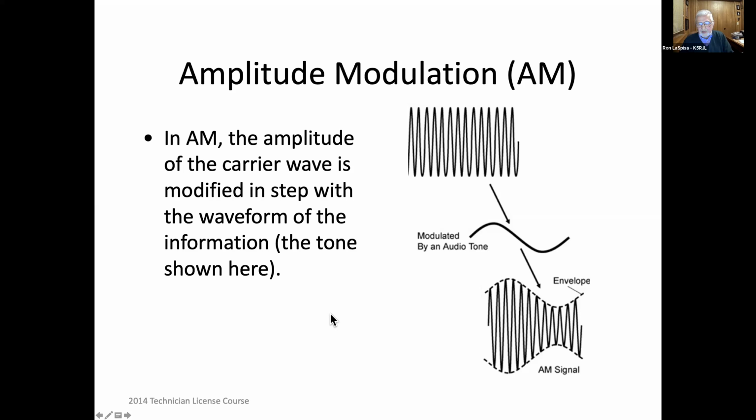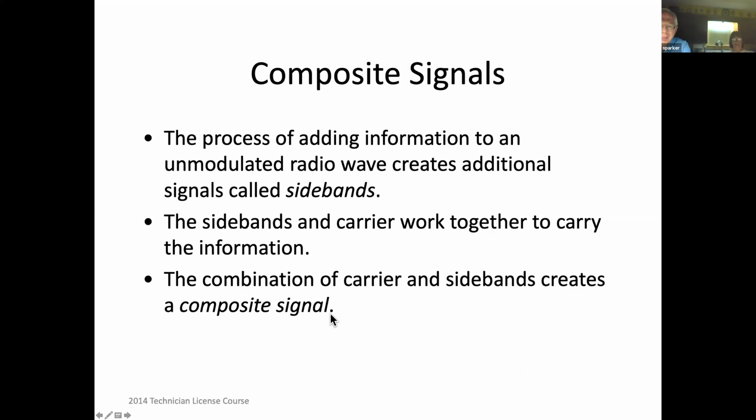Okay, composite signals. This process of adding information to that radio wave is going to create some signals. Now, this is a little bit more technical, and those signals are called sidebands. This is something that happens when you multiply two frequencies together.